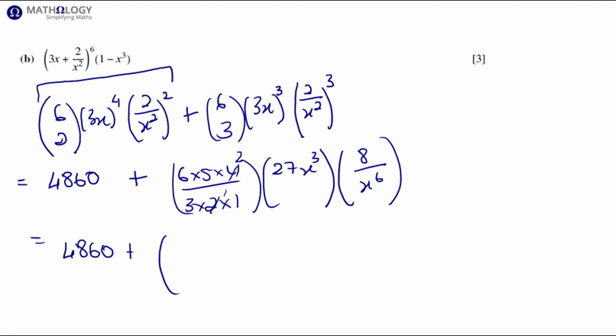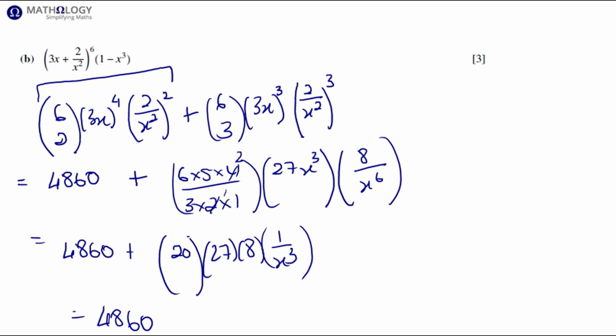It's 3060 divided by 3, that's 20, times 27 times 8 times 1 over x cubed. That's 4320 times 1 over x cubed.